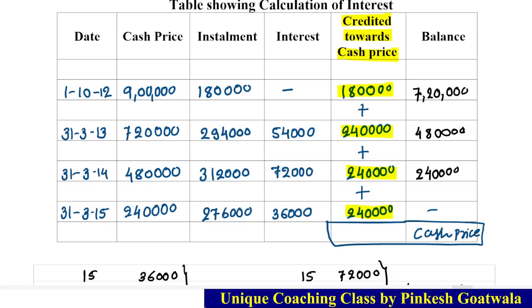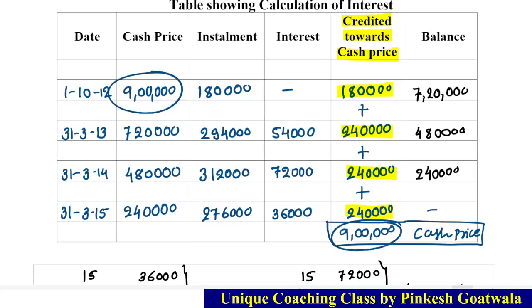Let's check this. 180, 240, 240, 240. You can see the total comes to 9 lakh, and here 9 lakh is our cash price. You can check it in any sum of this chapter.